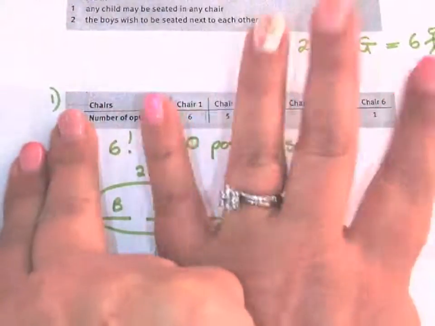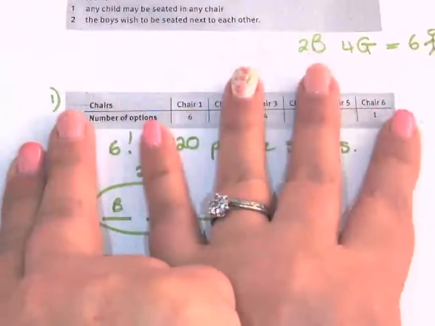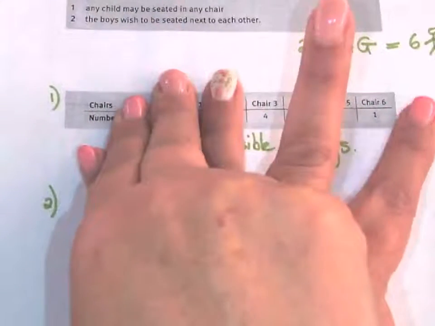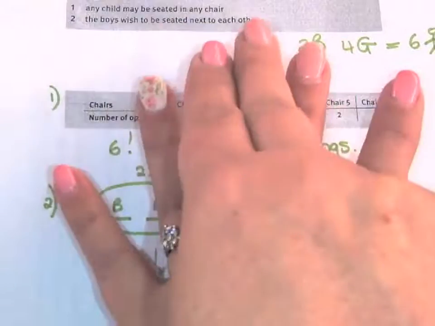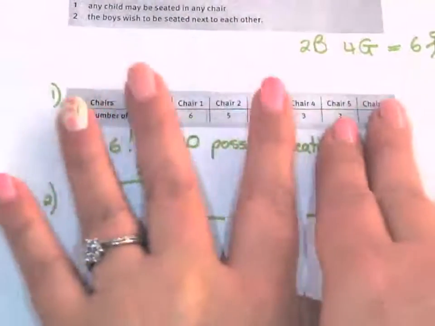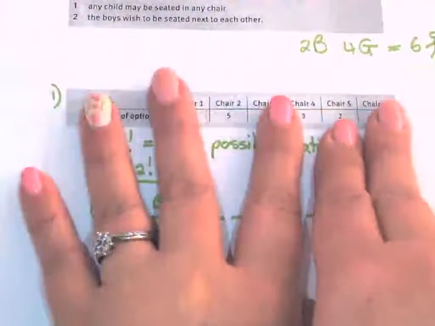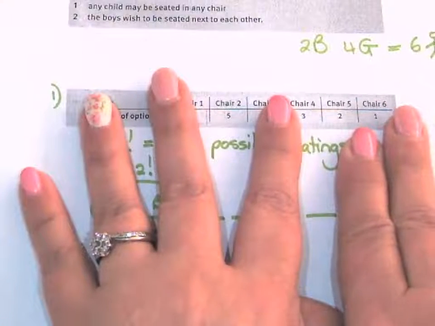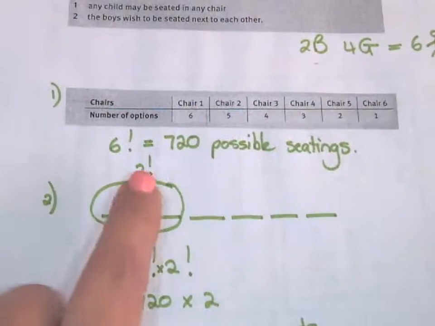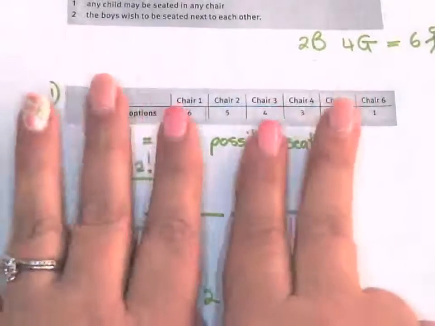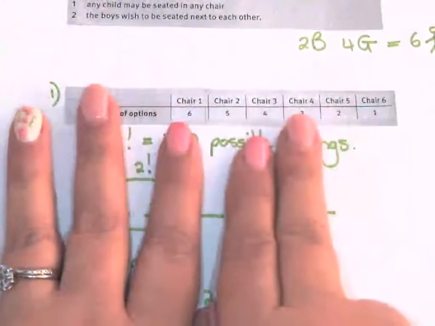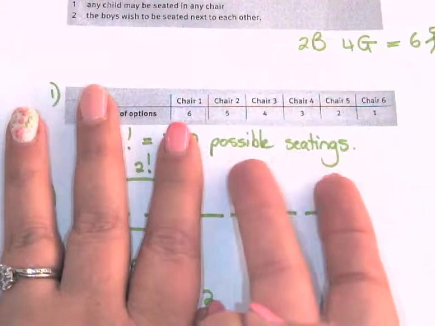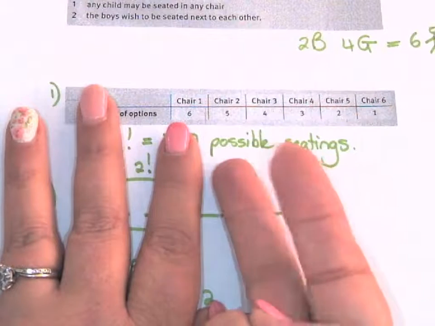So we have 1, 2, 3, 4, 5 possible ways. Or they can sit here, and we have 1, 2, 3, 4, 5 possible ways. Or there, or there, or there. Okay. But they have to be together. What happens to the 2 factorial? The 2 factorial means that these 2 boys can either sit like this or like this.